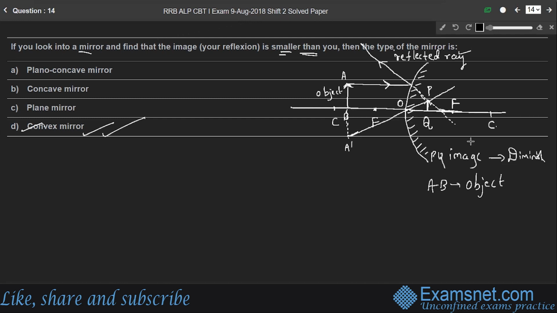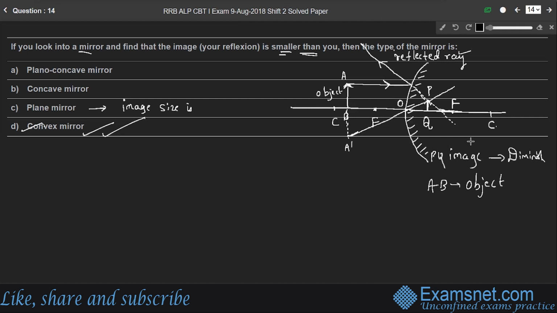Whereas for the remaining options, a plane mirror always forms a virtual image. Image and object are at the same distance from the flat mirror. So image size is the same as the object size. Image is always upright.